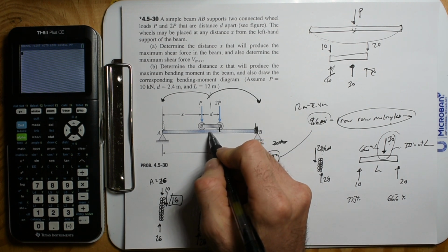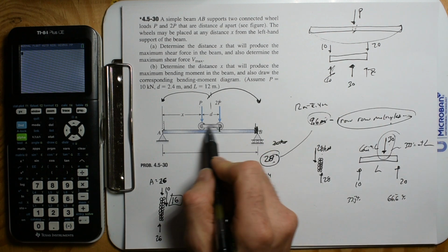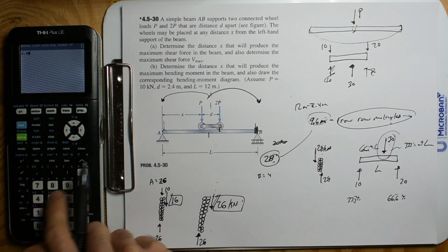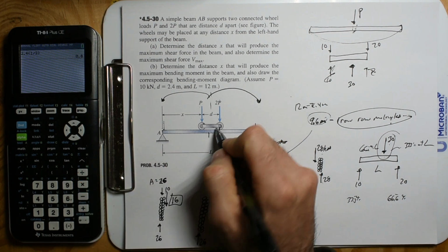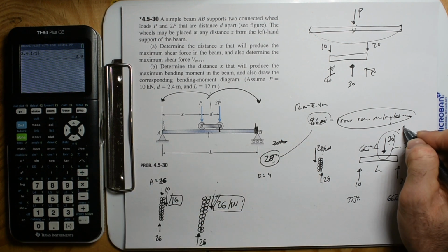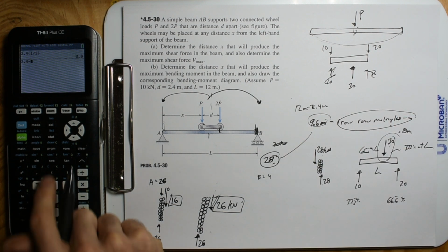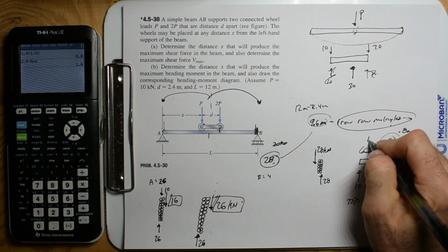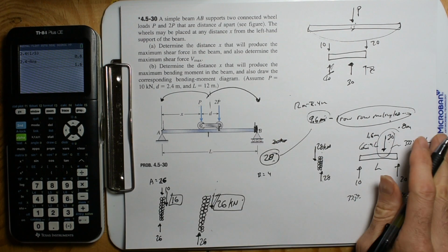To do that, what is this distance? 2.4. So we got 2.4 times 1 divided by 3. That's going to be 0.8. So right here you'd get 0.8 meters, and right here you would get 2.4 minus that, 1.6.